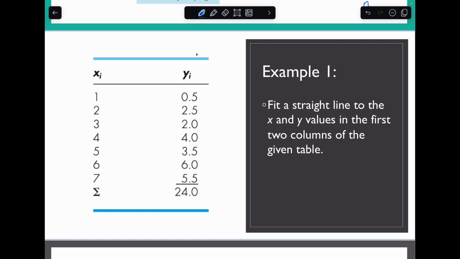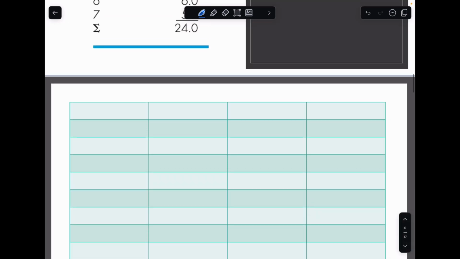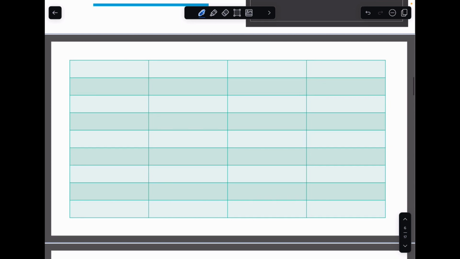So we need to fit a straight line to the x and y values in the first two columns of the given table. So we have 1, 2, 3, 4, 5, 6, 7.